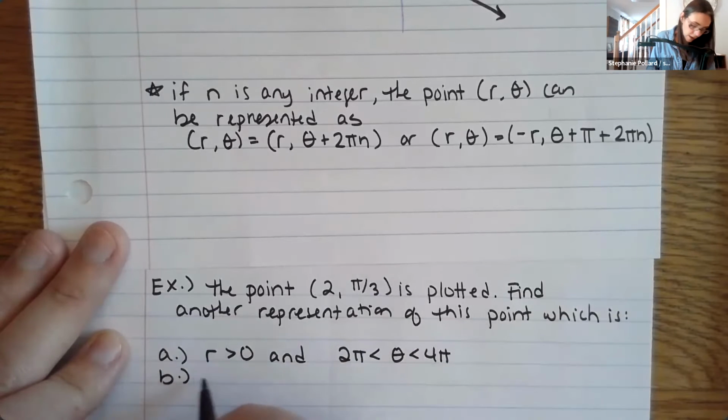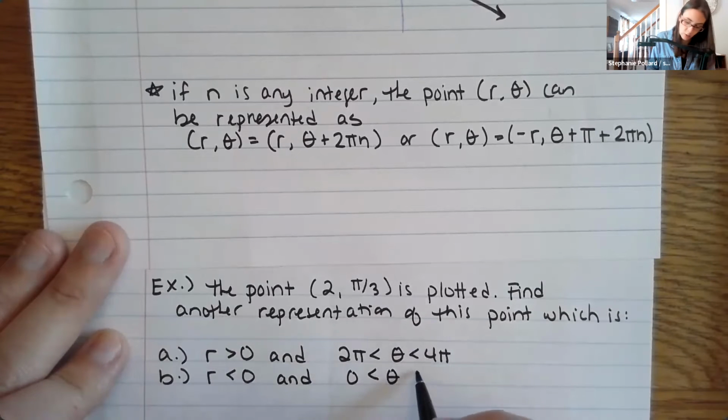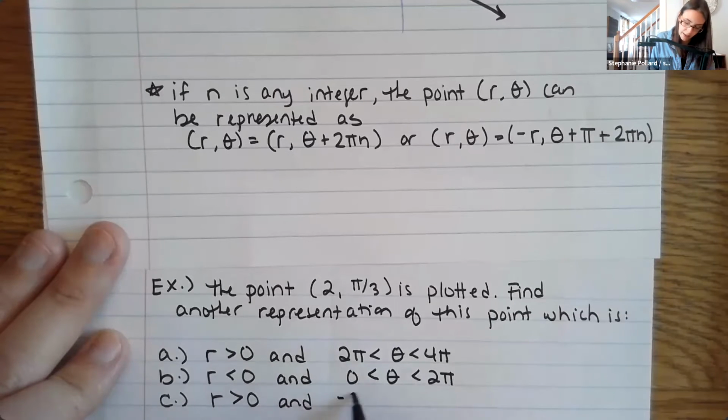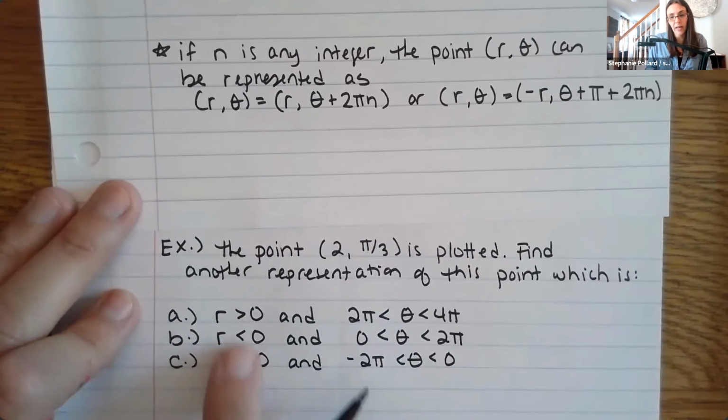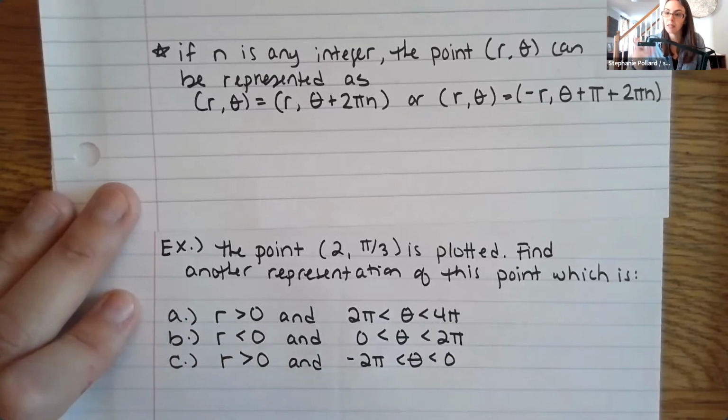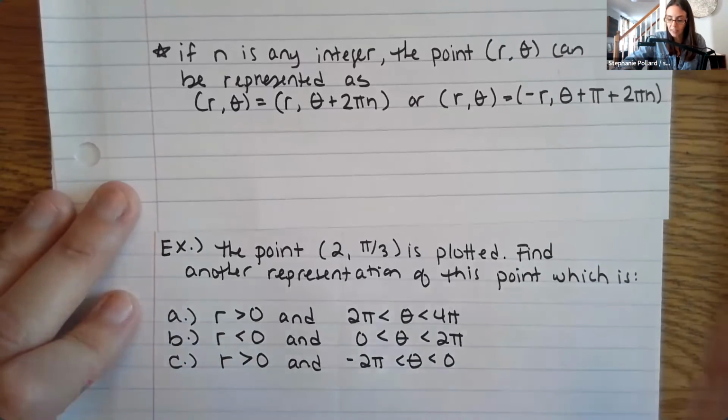In the second case, we're going to let r be negative and theta between 0 and 2 pi. And in the third case, we're going to let r be positive again. And this time, let our angle be between negative 2 pi and 0. Now I'm using symbols here for positive and negative. Sometimes it will actually write the words positive or negative. And of course, that is fine too.